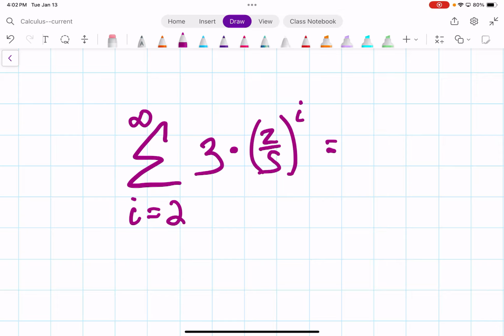Now, one option here is to tell me it diverges, so the answer is infinite, or you tell me a number. So maybe if you're not sure, notice here that I didn't start it at 1 or 0, right? I started at 2. Why? I don't know, I just did. Okay. So you just have to take that into account. So what's the sum? I'll give you 60 seconds. 90 seconds. It's a long day.